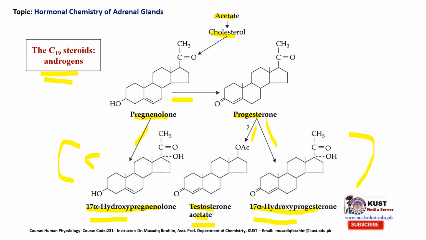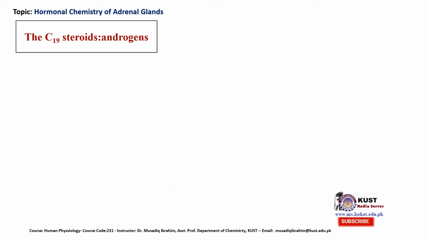So these are the pre-hormones, and then in the next slide you will see that they are converted into androgens, which consist of 19 carbon atoms. So the C19 steroids are also known as the androgens.